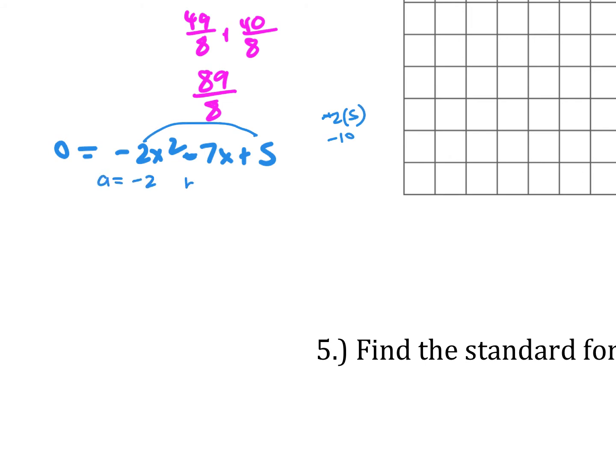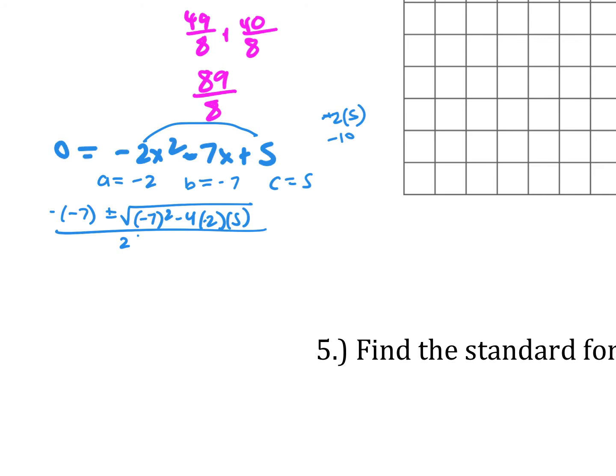A equals negative 2, B equals negative 7, and C equals 5. So negative b, which is 7, plus and minus the square root of negative 7 squared minus 4 times negative 2 times C, which is 5, over 2 times negative 2. 49 plus, this would be 8 times 5, it's 40.